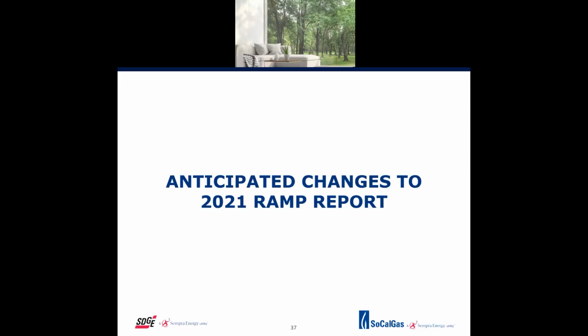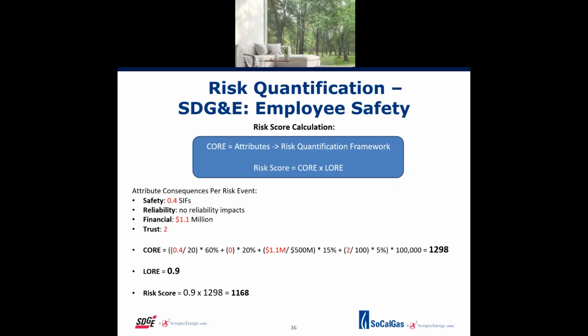Well, Mason, I do have one small clarification question related to the differences between SoCalGas and SDG&E. I might have misheard you, but I got the impression that you were using the expected value for the core and lower in SDG&E, but you were using the settlement agreement calculation methodology for SoCalGas.